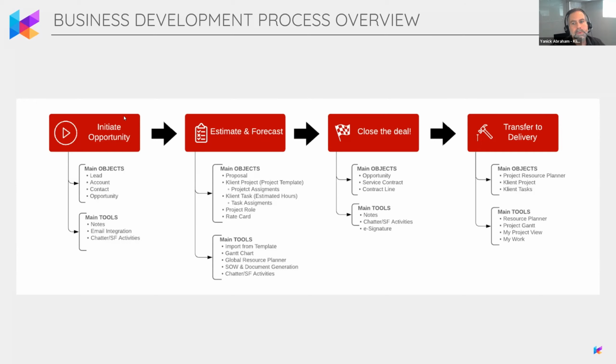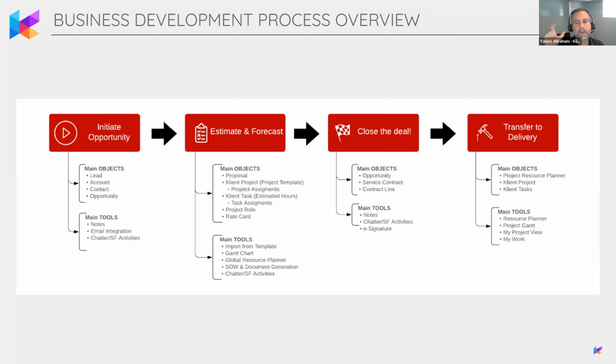When the sale is coming closer and the sales person wants a more precise estimate, quite often our customers want to be able to easily scope a project. For us, the way to do that is to use a proposal. We saw that quickly the other day. Proposals work with client projects, with the templates to create them.